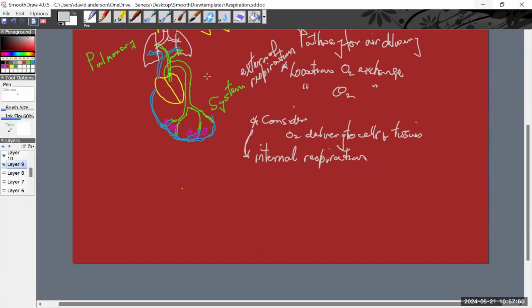Now, the other thing to be aware of here is the location of the lungs. We've got two lungs, and most of us are generally aware that they're going to be located in the thoracic cavity. In the thoracic cavity, we would see that the lungs fill up most of the space. And the left lung in particular has a bit of a notch.